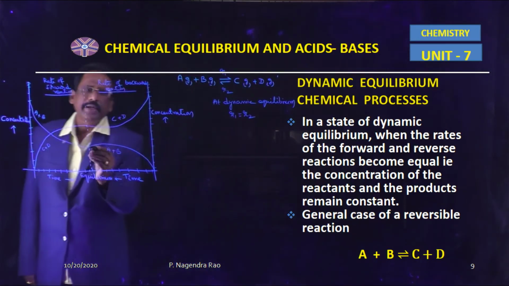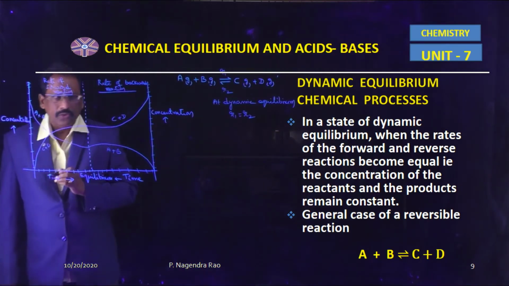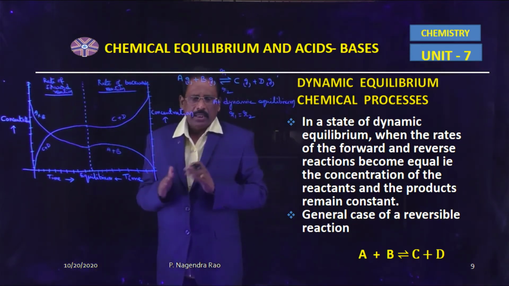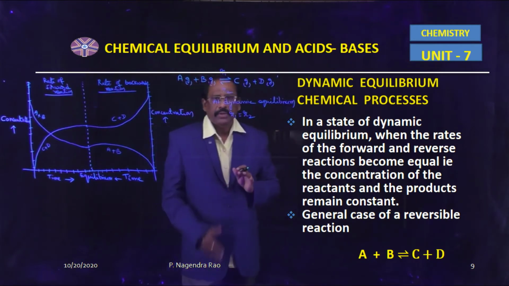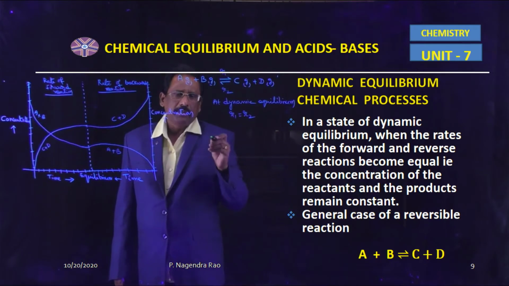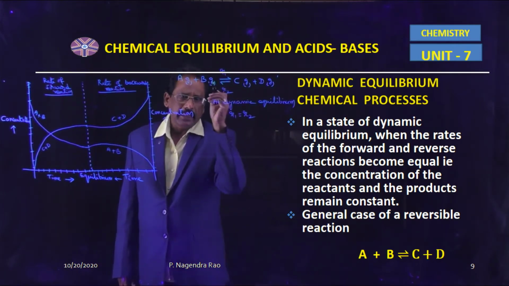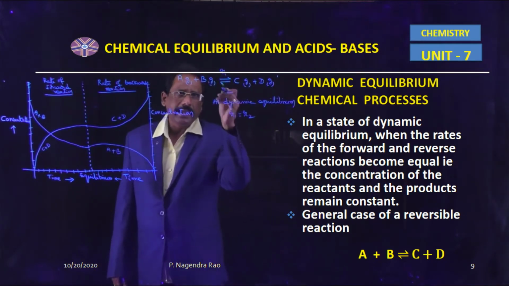So this graph indicates the dynamic equilibrium is also observed in chemical phenomena if the system is a closed system. That's why in this chemical process, dynamic equilibrium is also expressed in the form of a double half-headed arrow.